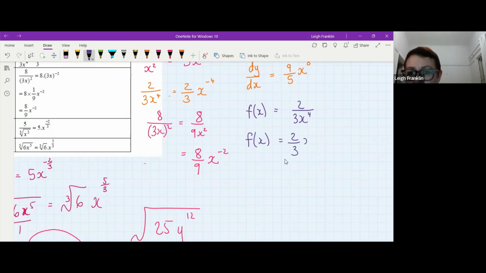Separate the coefficient, take this into the numerator, change the sign. Now I'm ready to apply the power rule. Coefficient, variable in the numerator, exponent. So here you've just got to be careful of your grade 8 maths. A positive times a negative is a negative. So this will be negative 8 over 3 x to the power of negative 5.